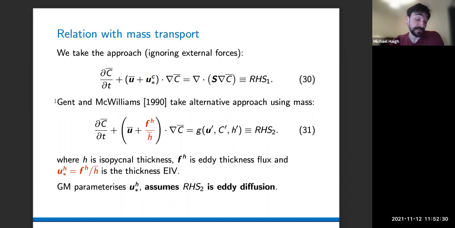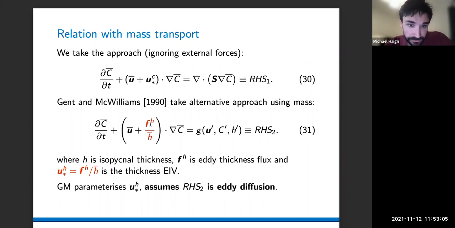What Gent and McWilliams did in 1990 was take an approach where they combined the tracer equation with the equation for isopycnal thickness or mass. And when you do that, you can show that the large-scale tracer field is actually also advected by this term in red here, where F_H, the top term, is the eddy mass flux, or eddy thickness flux if you're working in an isopycnal model, and H bar is the large-scale isopycnal thickness.